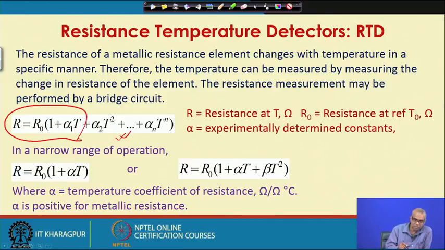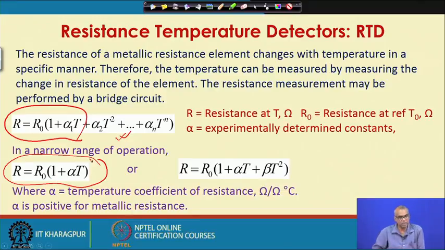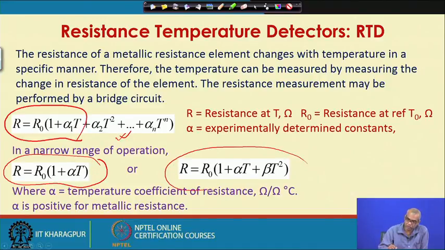So, in that case, the resistance may be expressed as R equal to R0 into (1 plus alpha t), which shows a linear relationship with respect to temperature. If you retain up to second order term, it will be R equal to R0 into (1 plus alpha t plus beta t square), and then you will have a slightly nonlinear equation.